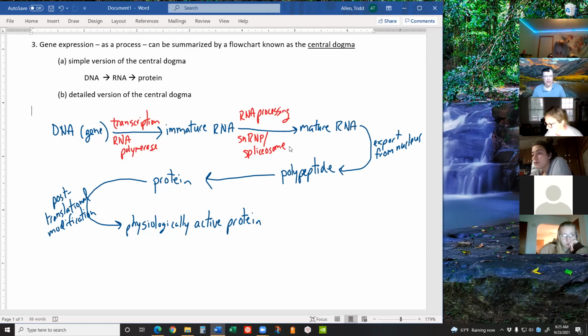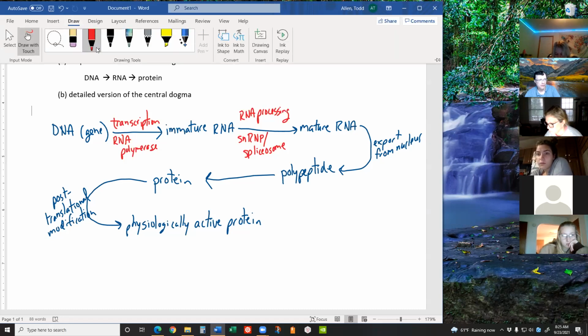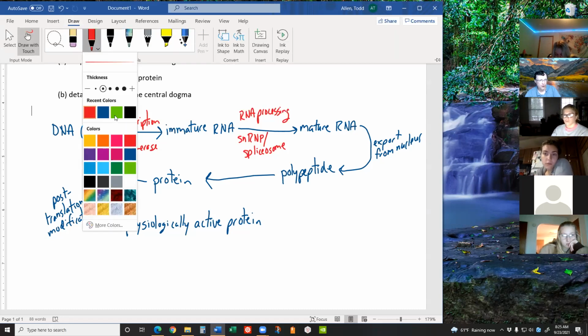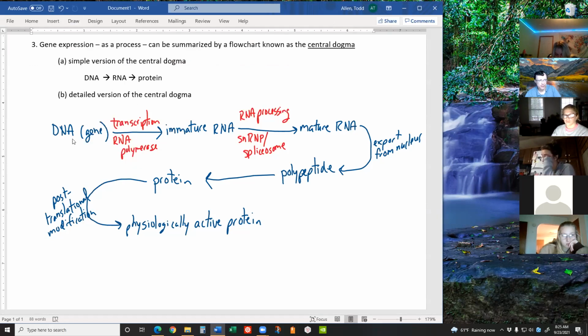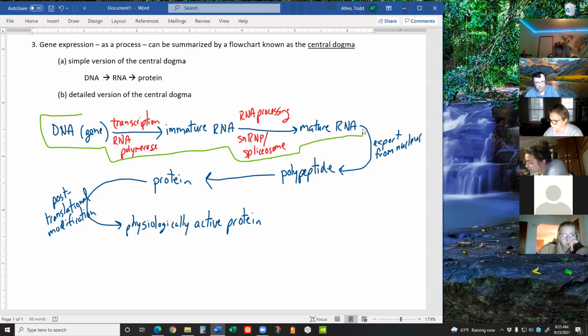Okay, now it's important that you appreciate that everything we've talked about so far, okay, DNA to transcription to immature RNA, which is processed to mature RNA, all of this activity here that I'm starting to outline in green, all of this activity takes place inside the nucleus of a cell.